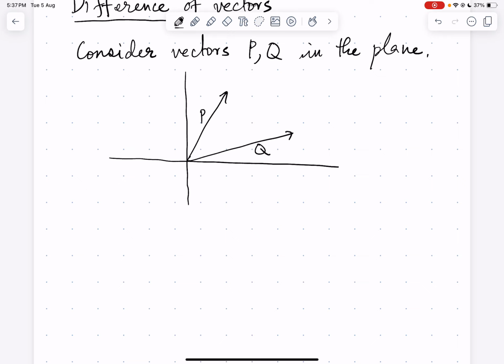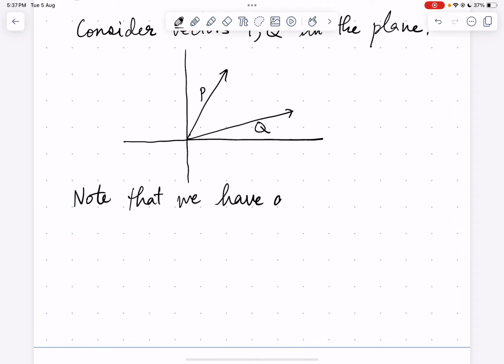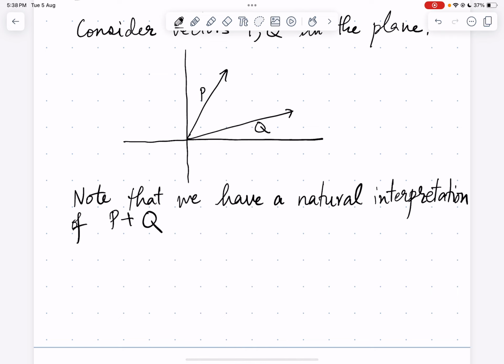Note that we have a natural interpretation of P plus Q. So we can ask, what about the difference? Like, what is Q minus P, for example?